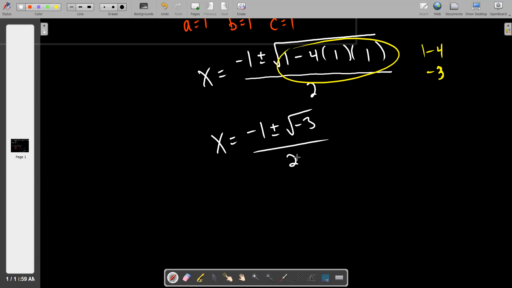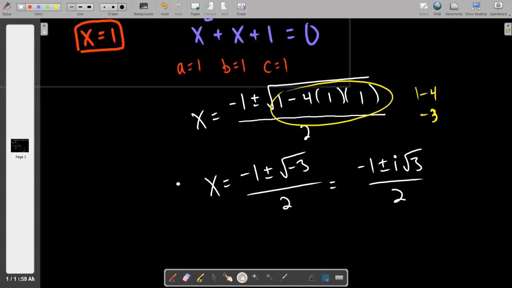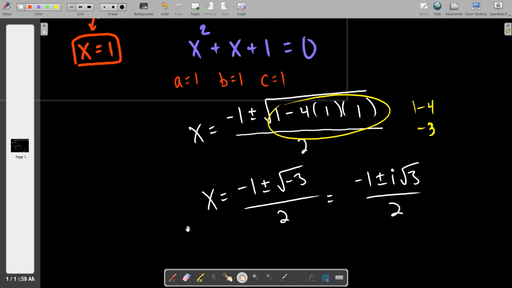What's wrong with that answer? Yeah, we can do better. Instead of writing the square root of -3, how about we write -1 plus or minus I root 3, all divided by 2. Do you see on the television right now 3 answers to this problem? You should.